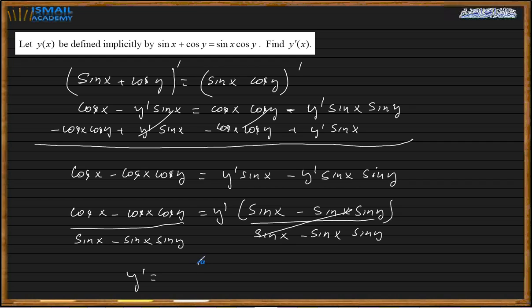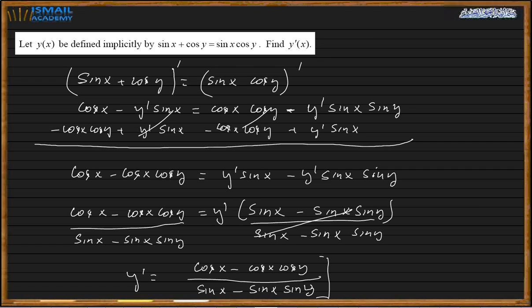Y prime will be cosine of x minus cosine of x cosine of y, the whole thing over sine of y minus sine of x sine of y, and this will be your answer.